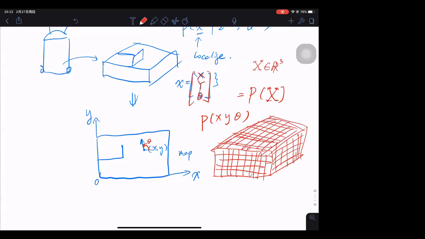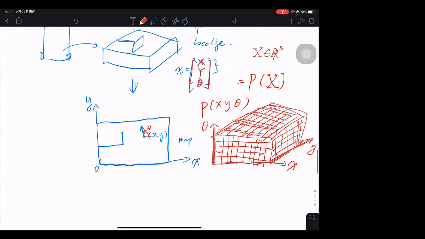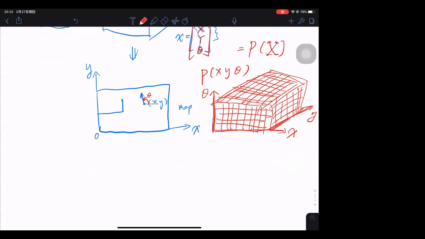We separate the whole environment into x, y, and theta. What do I mean? For example, we separate x into 10 possibilities, and y into another 10 possibilities.